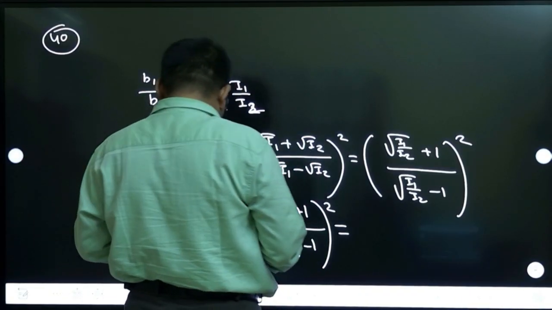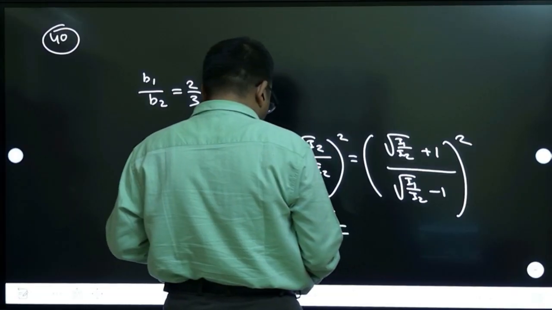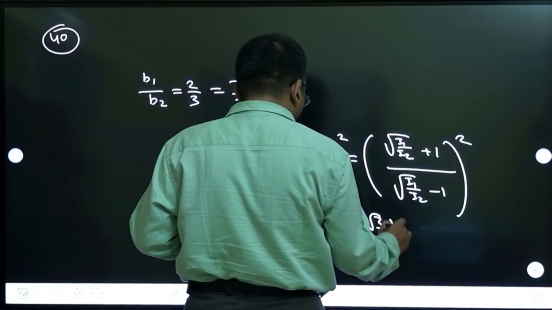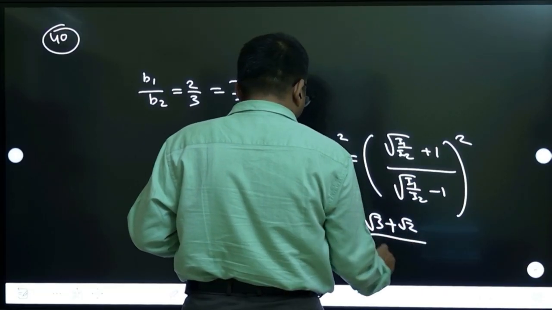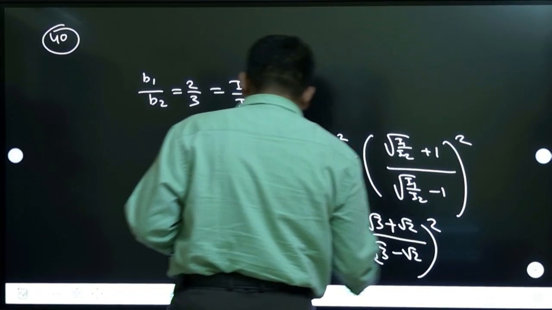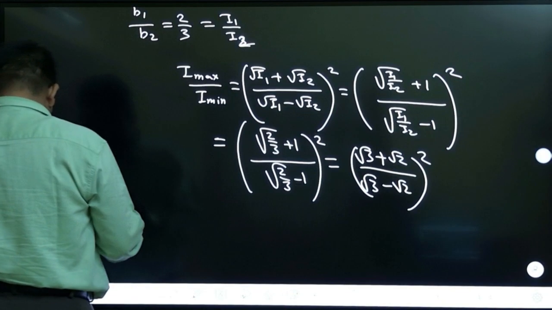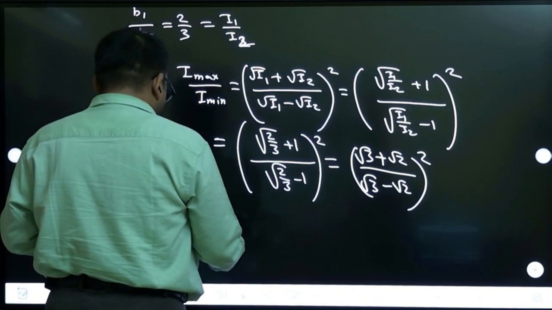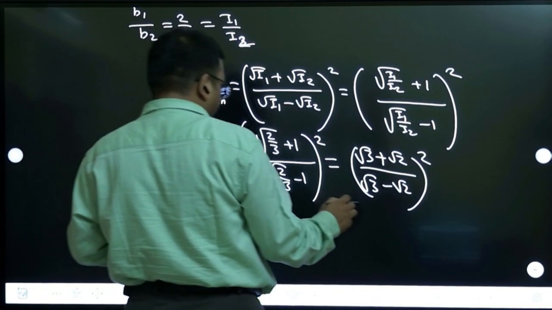You can take LCM also to simplify. I think root 3 is larger now. So you can take root 3 plus root 2 by root 3 minus root 2, whole square. Just check with the option which is matching. I think you have to open it up in the numerator and denominator. Shall we open or shall we rationalize it?